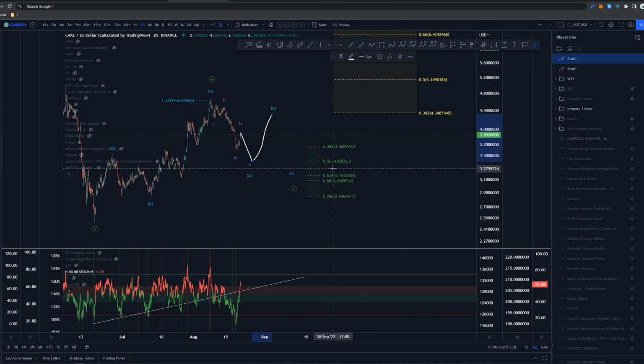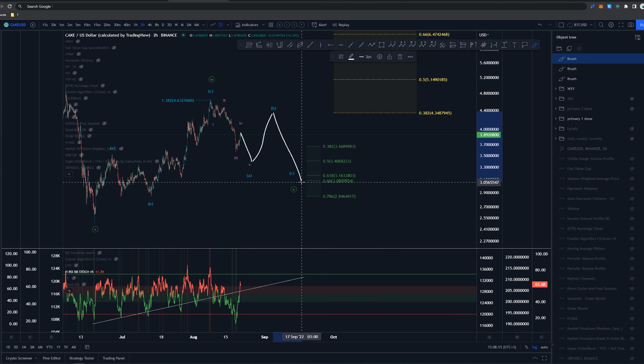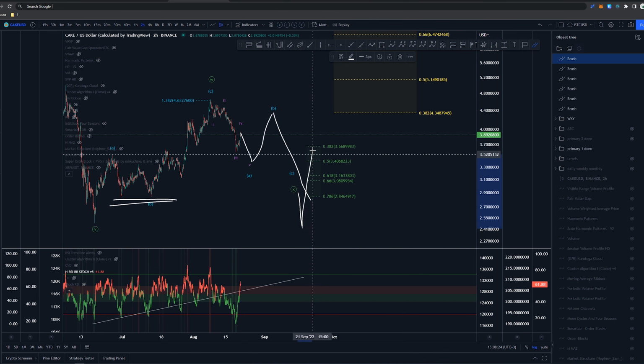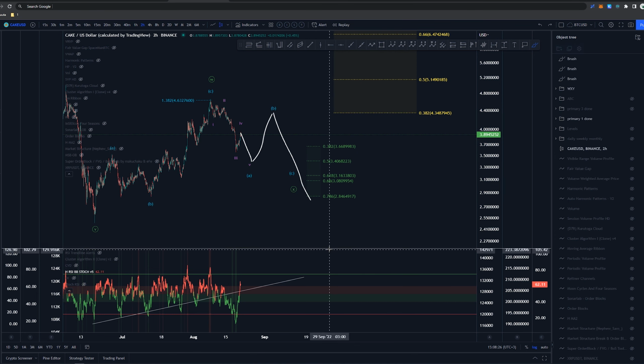So yeah, then B, and then even the golden pocket or the 0.786 definitely could be taking out these lows, grab the liquidity down here, get some wick going on, and then get back up higher.